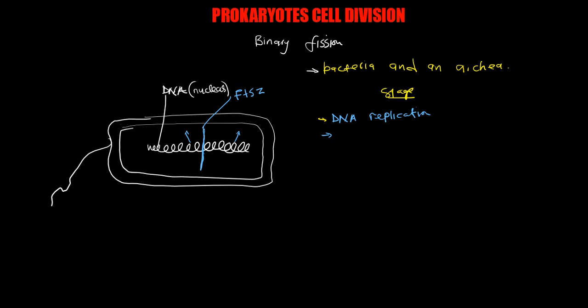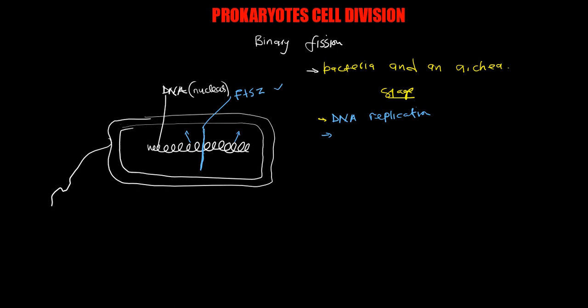This is the enzyme aiding in this. After DNA replication occurs inside, making a copy, FtsZ acts on the process. The FtsZ enzyme is going to aid in the septation, or the cutting of the cell.